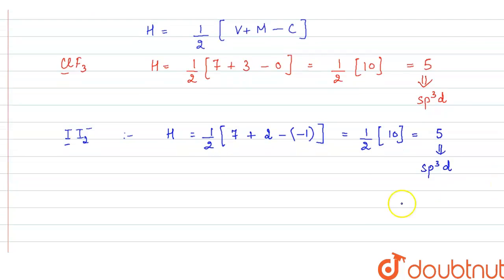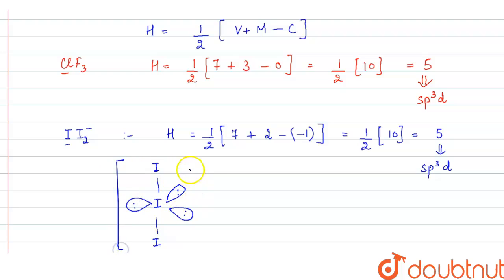For sp3d hybridization, the geometry is trigonal bipyramidal. So its shape will be iodine, iodine, and here also we get iodine, and there will be 3 lone pairs, and we have a negative charge, so we can show it like this.